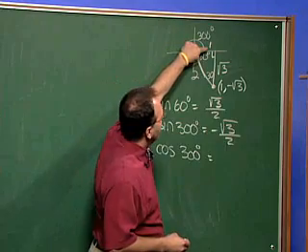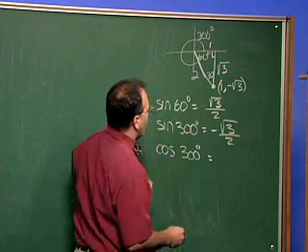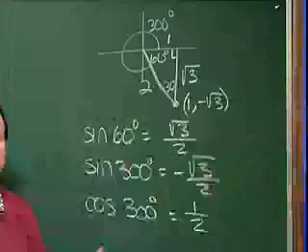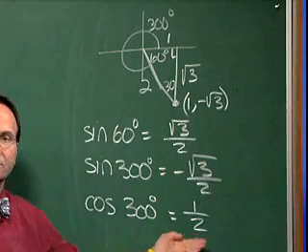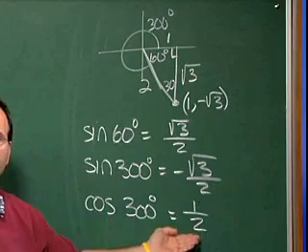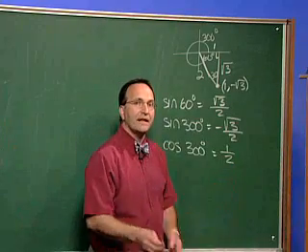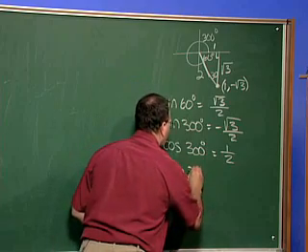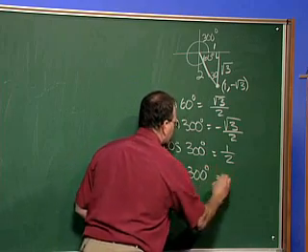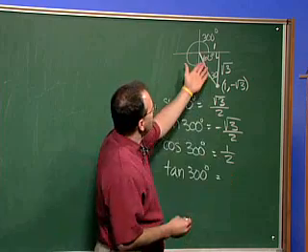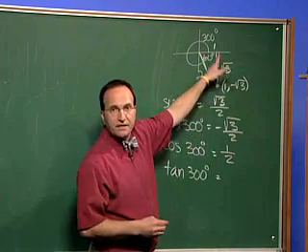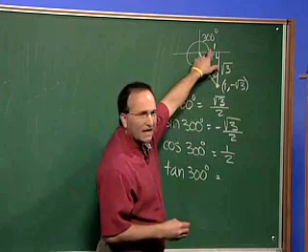It's the side adjacent divided by the hypotenuse, or in other words, 1/2. And of course, the cosine is positive in quadrant 4. Now let's find the tangent of 300 degrees. And the tangent of 300 degrees, we look to our reference angle, which is 60. So that triangle, it's the side opposite over the side adjacent.